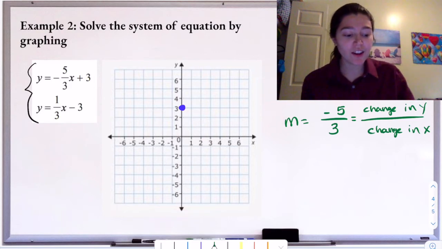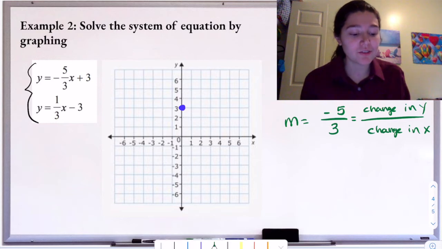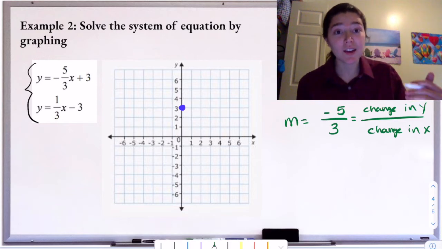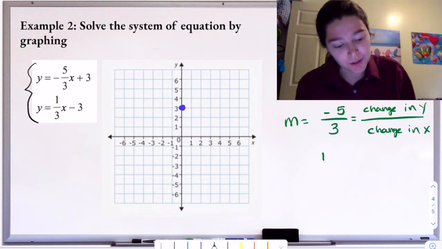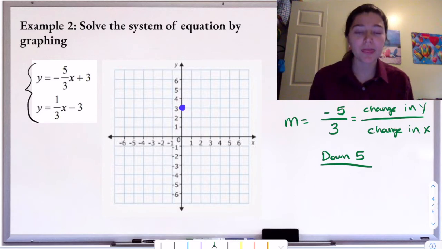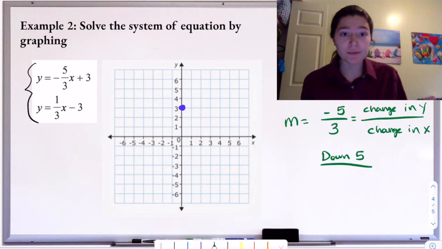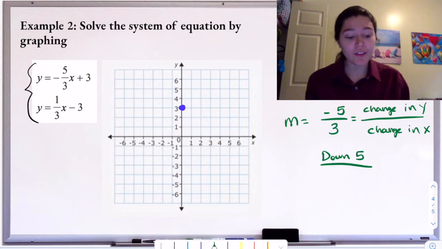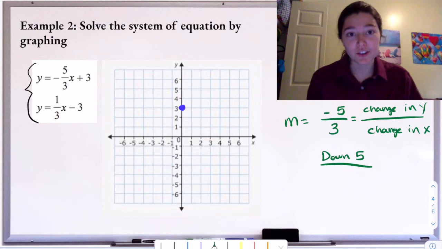So if I have a change in my y value of negative 5, y is up and down, so since it's negative, I'm going to go down 5 units. Change in x is 3. X means right, left, so a positive 3 means I'm going to go right 3.